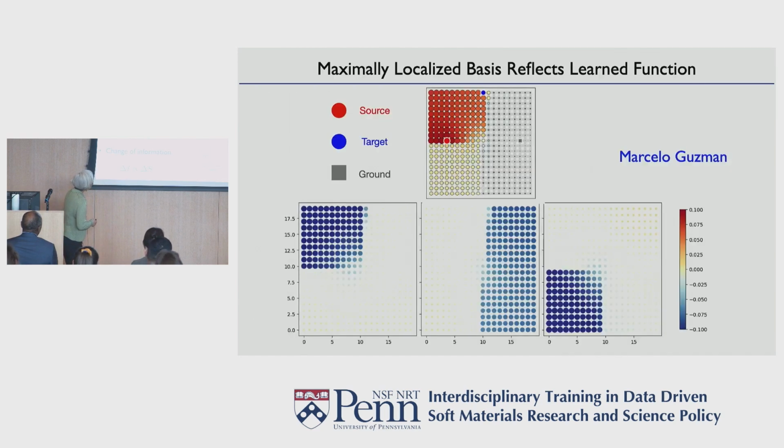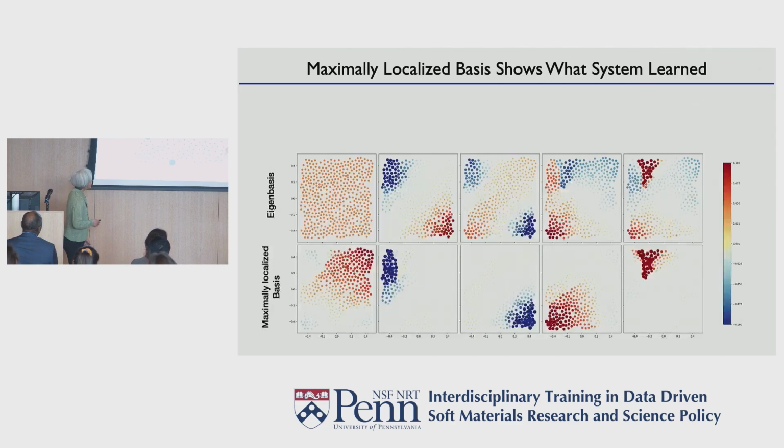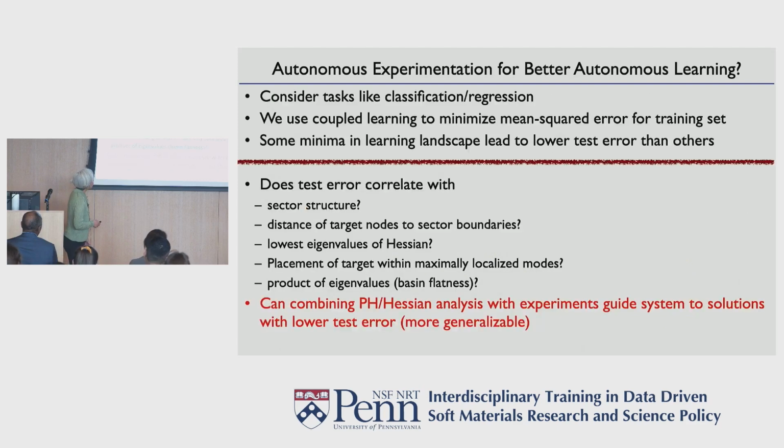I'm going to just skip this great stuff, which I'm so excited about, and just say that this gives us another window on how the system is learning through those modes, okay? Those eigenvalues and eigenvectors, and the flatter the system is, maybe the more generalizable the solutions are.